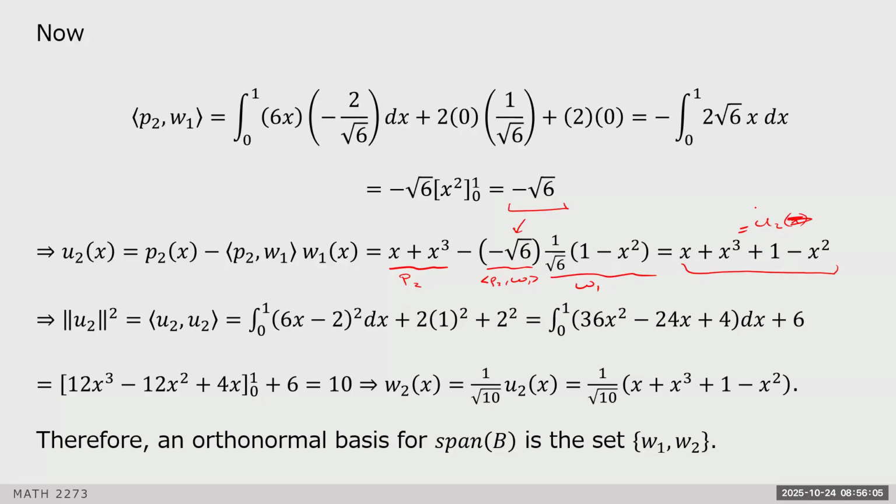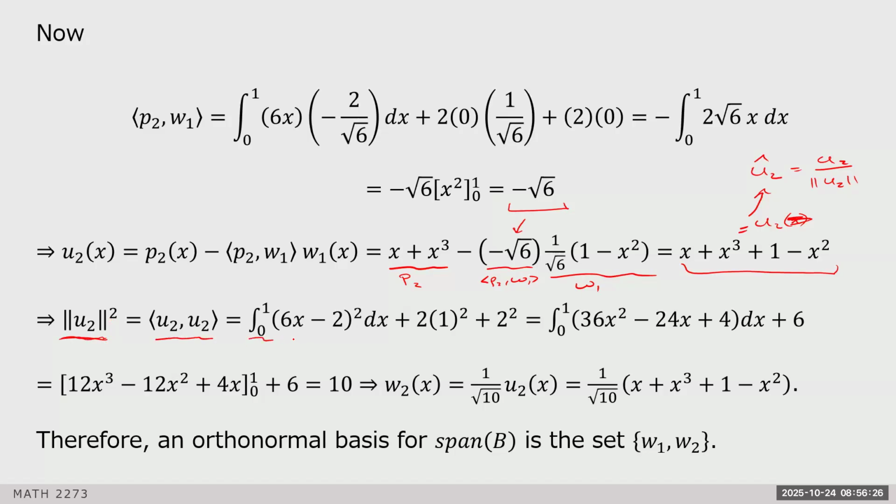Okay, so we need to now convert this into U2 hat, which is U2 divided by its length. So now we work out the length squared, and then we'll square root the answer. So the length squared is the inner product of U2 with itself.